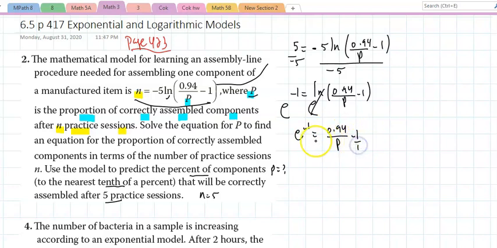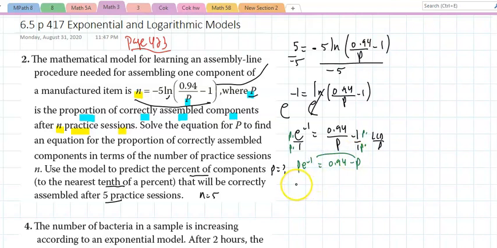Remember that e is a number. I see a fraction. A couple of ways I could do this really. I could clear the fraction. The LCD is p, multiplied by p top and bottom. And that will be p e to the -1 equals 0.94 minus p.